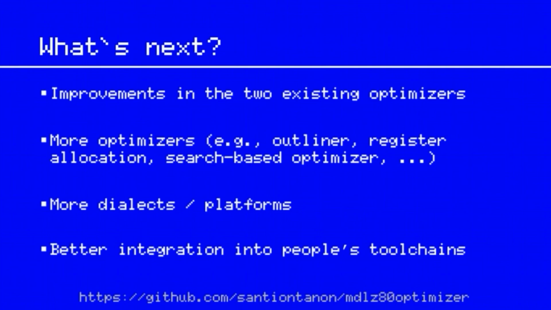And finally, better integration into people's toolchains. Right now, you can use MDL in 2 ways. As I showed you, use it via the command line or integrate it into your text editor like Sublime or Visual Studio Code or Vim. But for example, something that I've been working on is, some people have asked me if they can use MDL for optimizing code generated by the SDCC C compiler.